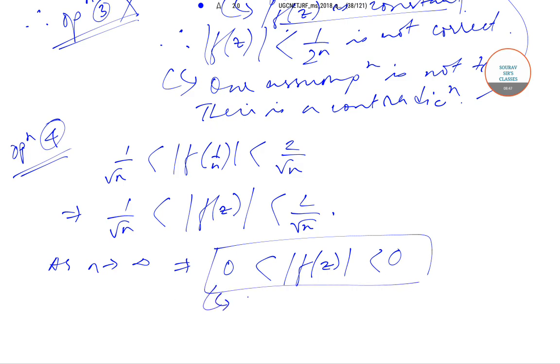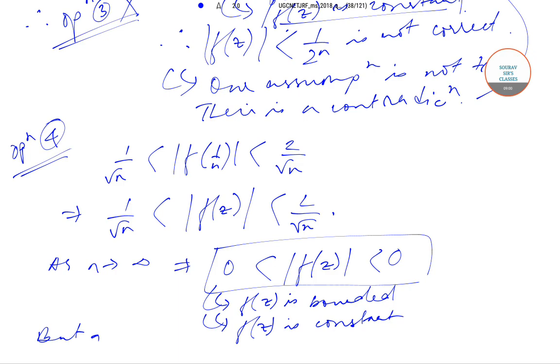So that implies that f of z is bounded, and if f of z is bounded, that implies that f of z is constant. But it has been given that f of z is non-constant.